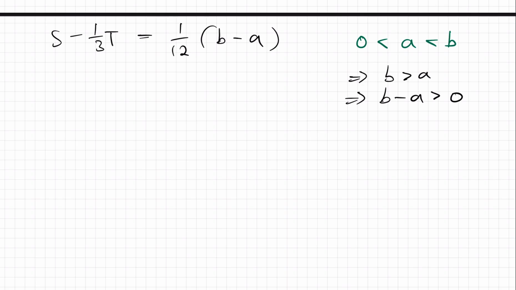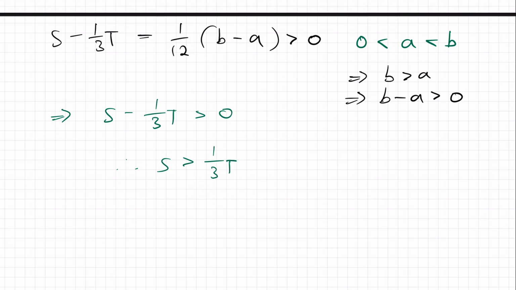We know this is greater than 0, and this is just a positive constant, so if we multiply both sides by 1/12, we get the same thing. So this is greater than 0, so therefore s minus 1/3 t is greater than 0, so therefore s is greater than 1/3 t. Nice and easy.